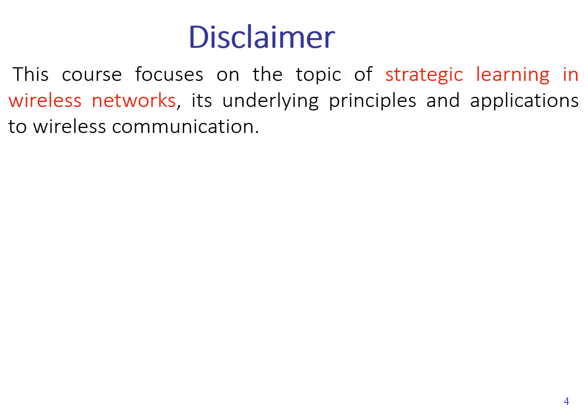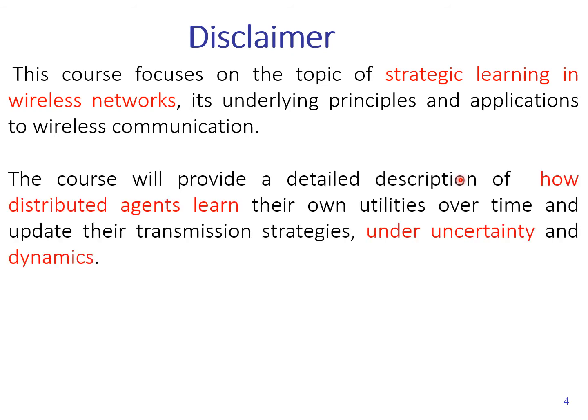So just as a disclaimer here, this course essentially focuses on, of course, the topic of strategic learning in wireless networks, its principles and applications in wireless communication. So here essentially what we are after is trying to understand how distributed agents in a network learn to interact with the environment, learn to estimate their own utilities over time, and then act upon their estimated utility to update their transmission strategies, right?